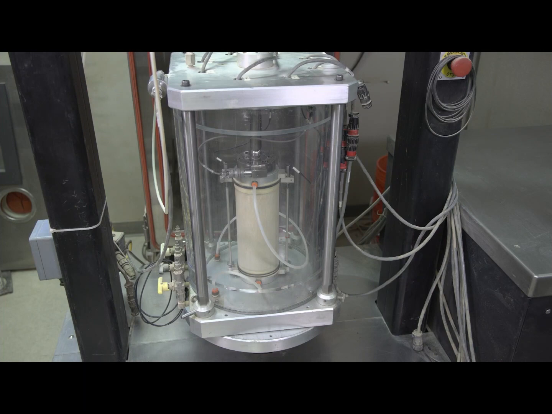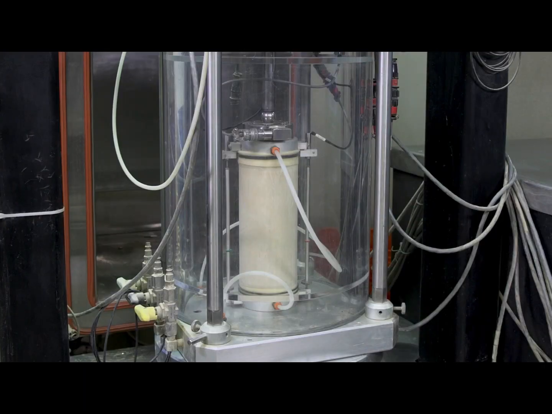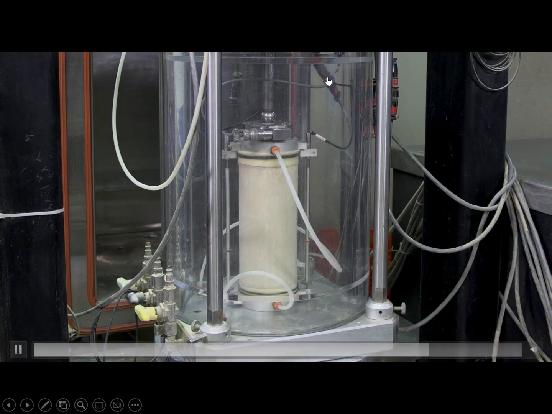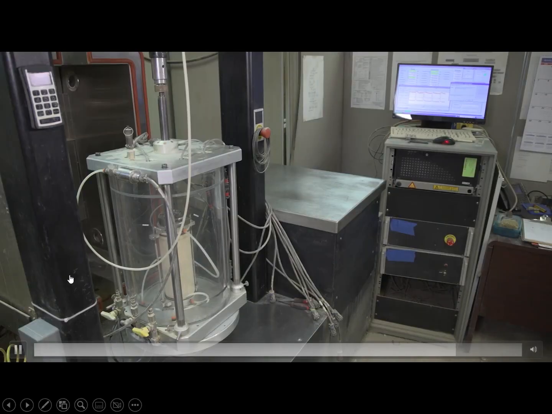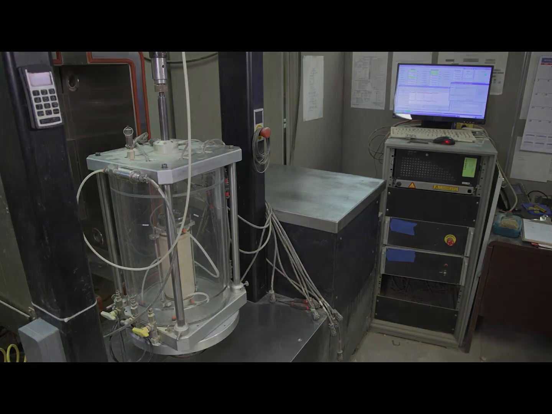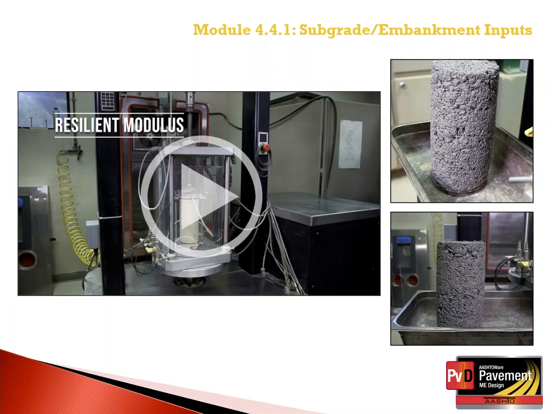The test obviously is a confined test, so it is encased in the membrane itself. The video shows different portions of the test specimen as well as a confined test specimen. So this shows a more coarse grain type material without the membrane. You can see the larger aggregates, but a membrane is encased over the specimen.